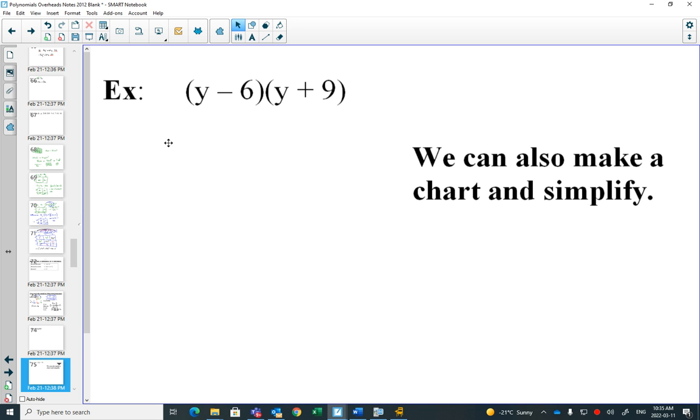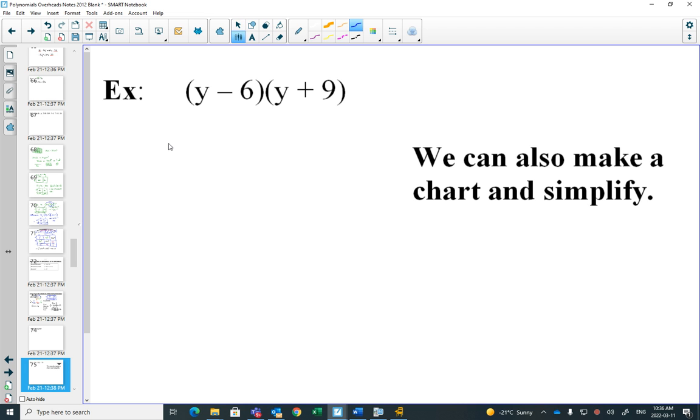Where are your notes? Oh, man. So try these, either with the chart or with the arrow. Yeah. Try these. You don't want to do the chart.